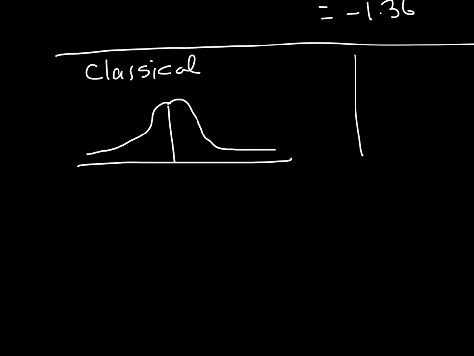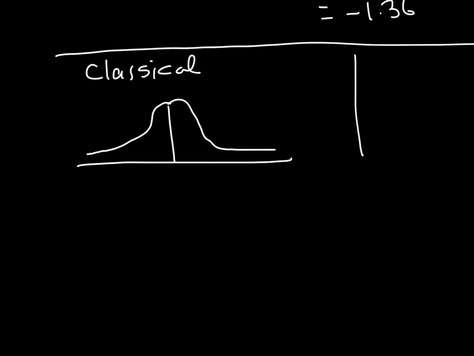Well, what kind of a test do we have? Aha! Way to go. She's thinking. She's learning concepts rather than memorizing. That was beautiful. The question was, what kind of test are we doing? Which tail? Well, if you look back, it's two-tailed, isn't it? So we're going to put alpha in both tails.